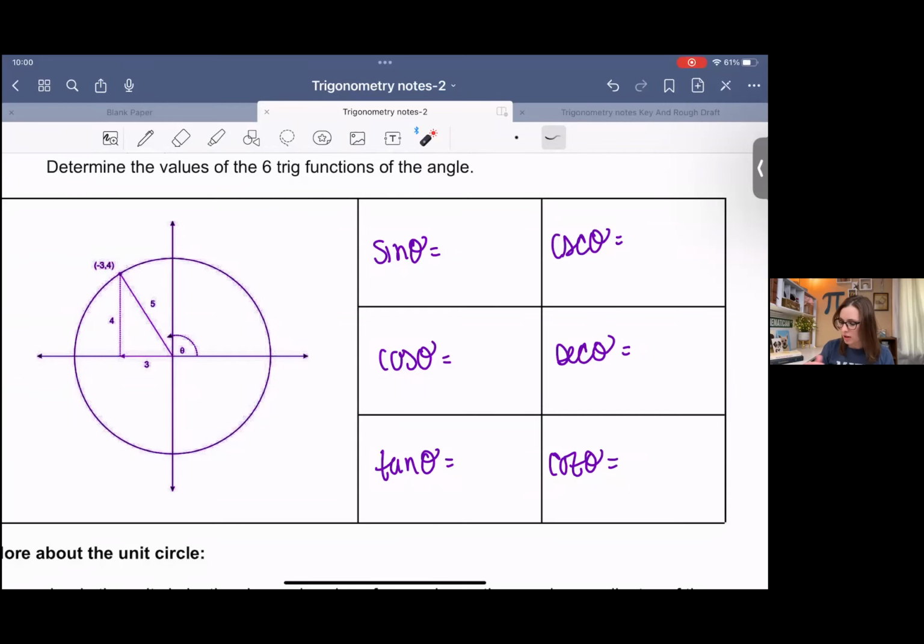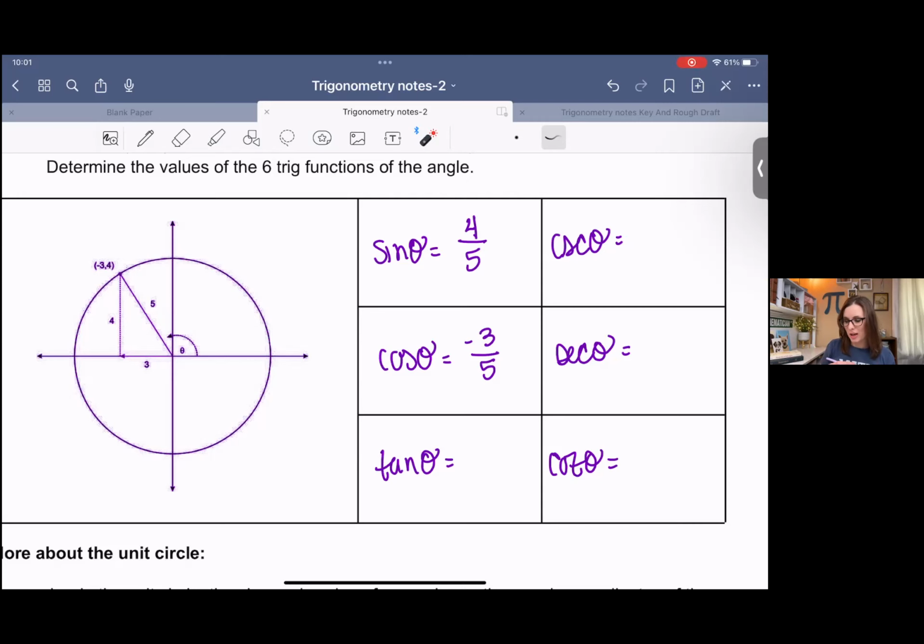So sine theta is going to be opposite over hypotenuse. Cosine theta is going to be adjacent over hypotenuse. Now, why is that negative? If you think about it, this is 3 units, but it's in the negative quadrant.